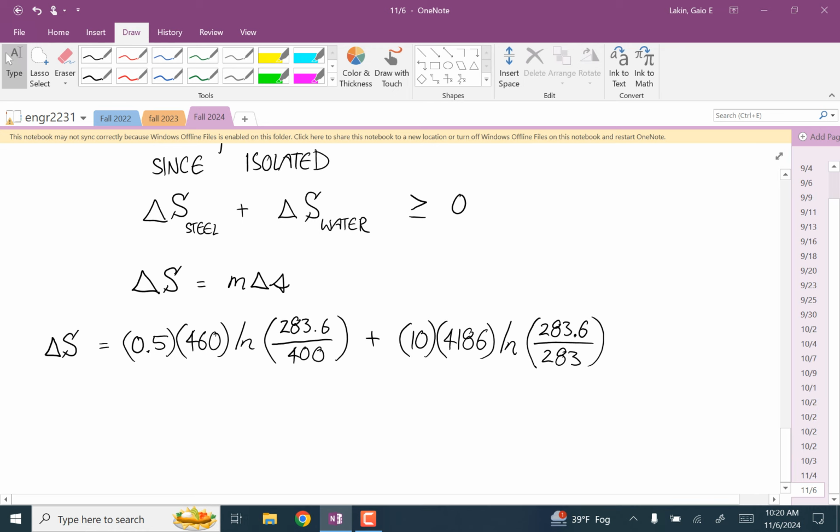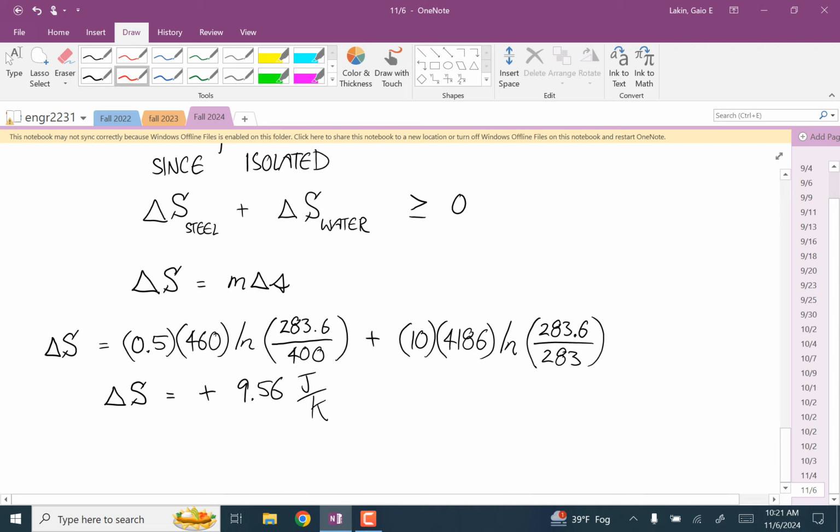And if you calculate this, you get that the change in entropy is equal to positive 9.56 joules per Kelvin.